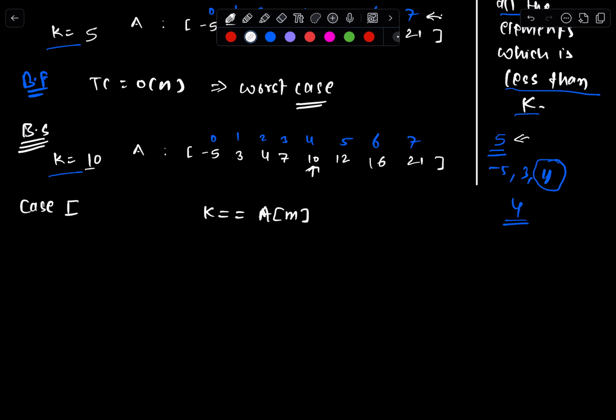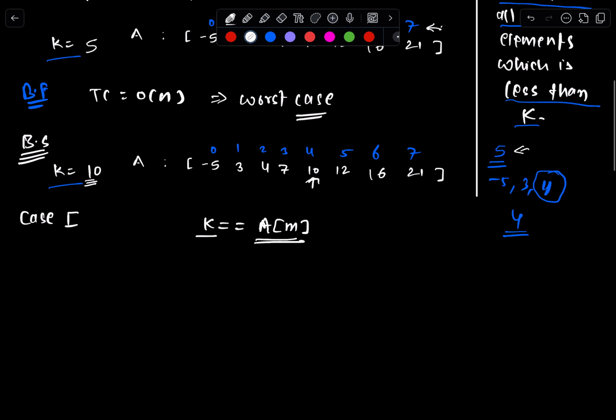So my target is 10. If my target is equal to the middle element, this is not the answer by the definition, right?